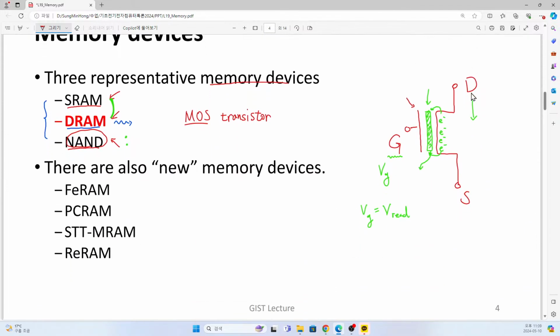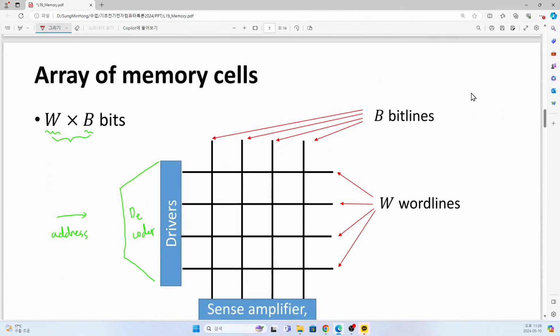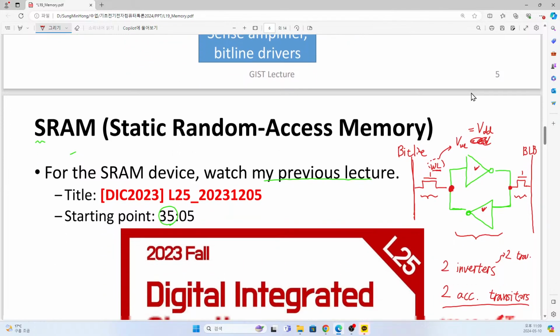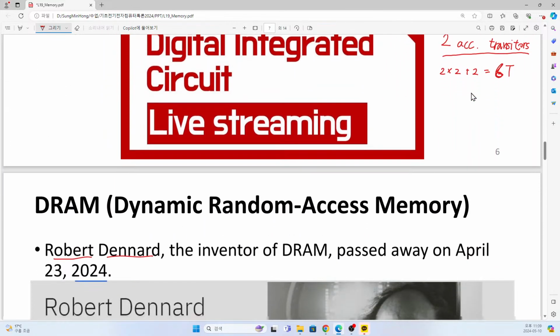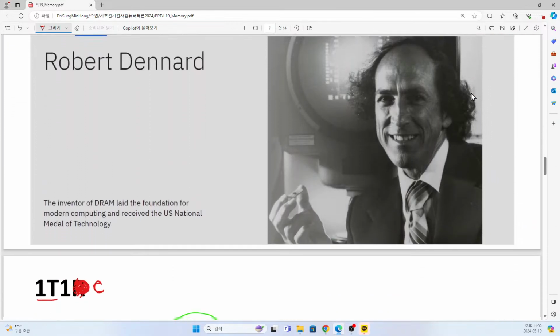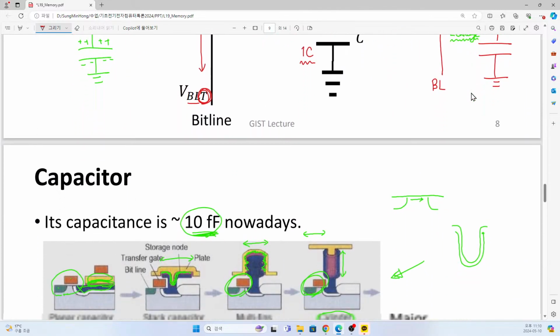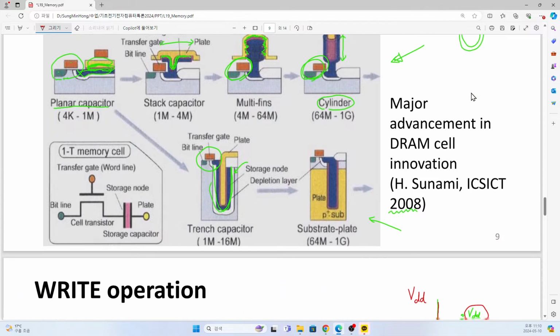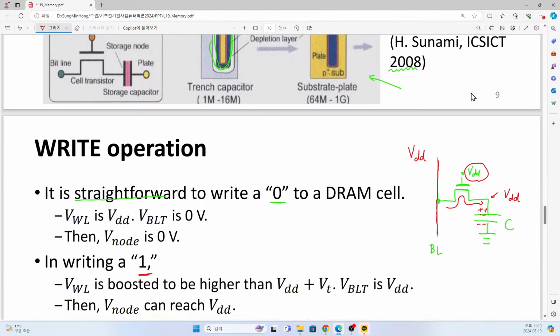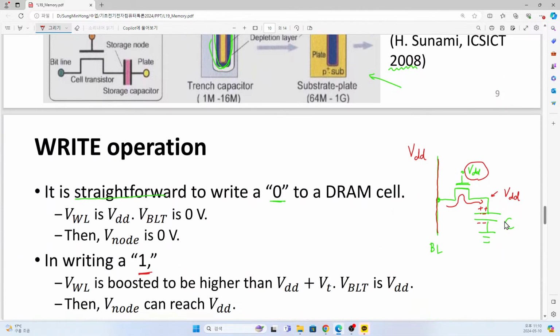So simply speaking, let me come back. If we have this kind of naive implementation, then although this storage voltage is increasing, when it becomes VDD minus VT, what will happen?